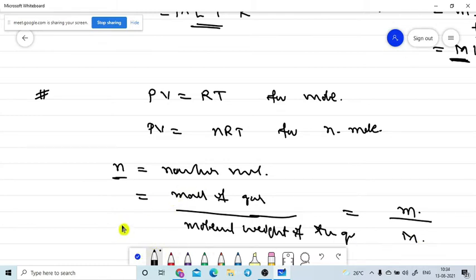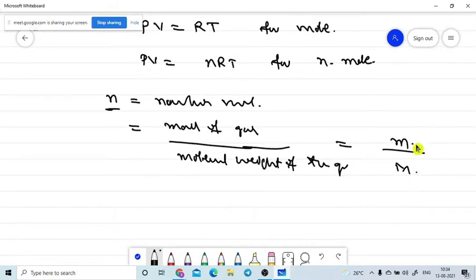Then the same equation can be written as small m by capital M into capital RT.